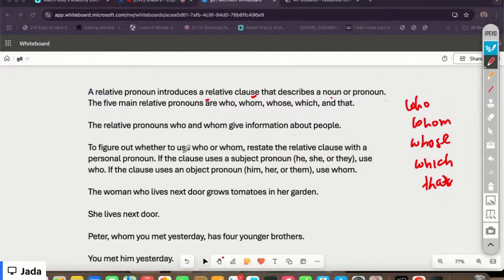To figure out whether to use who or whom, restate the relative clause with a personal pronoun.